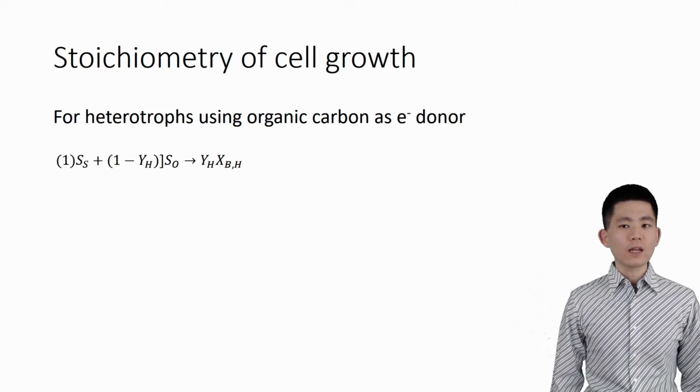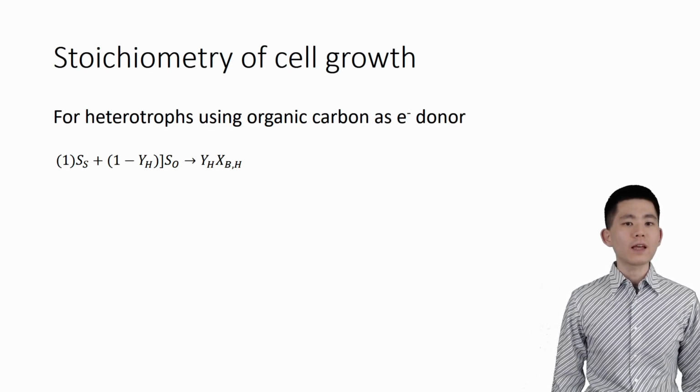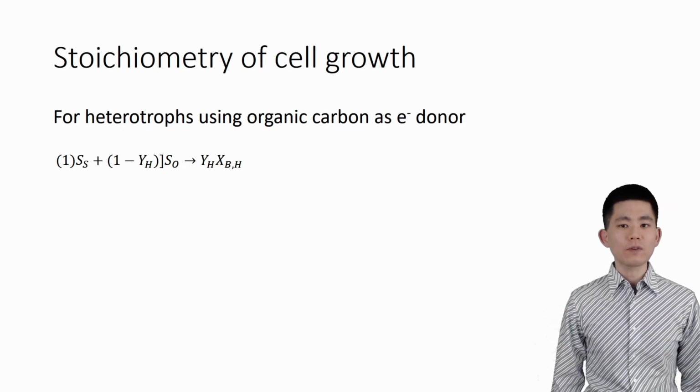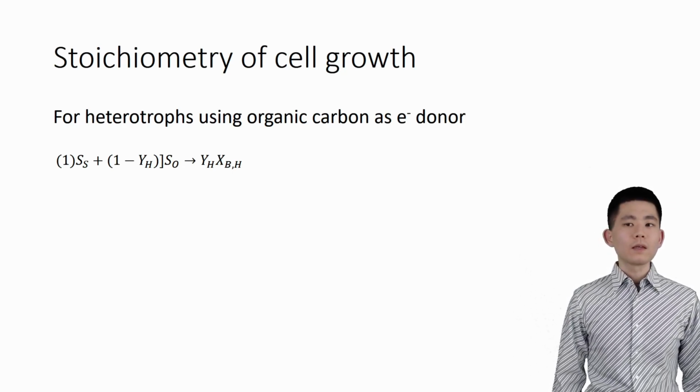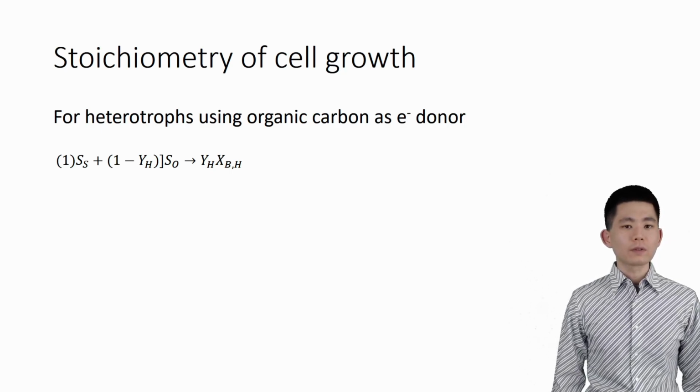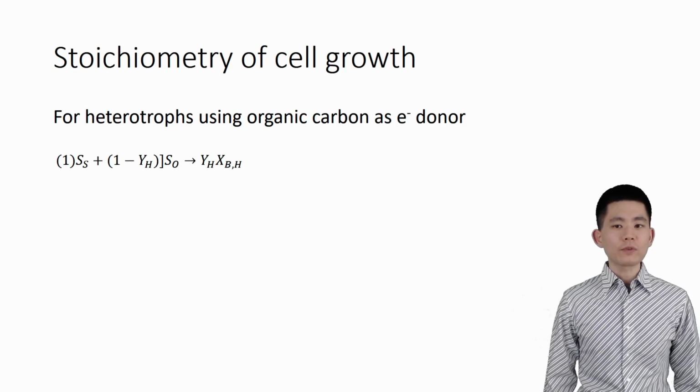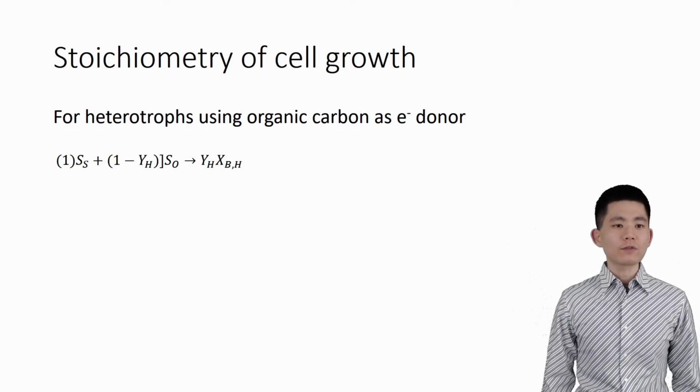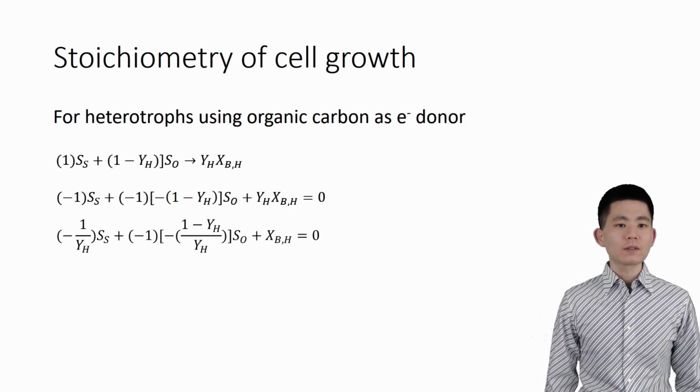SS is the organic substrate concentration. SO is the dissolved oxygen concentration, and XBH is the concentration of active heterotrophic biomass. And YH is the true yield of the heterotrophs. We can write it in the form of COD balance and transform it by dividing both sides by YH.